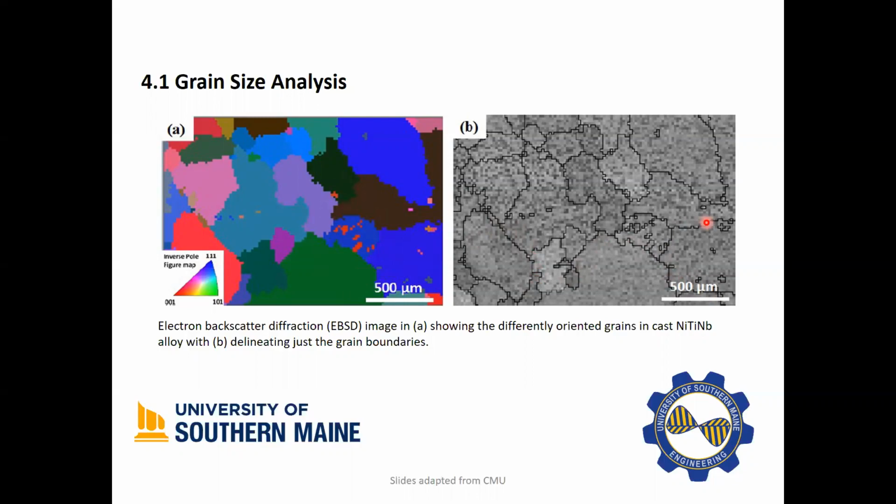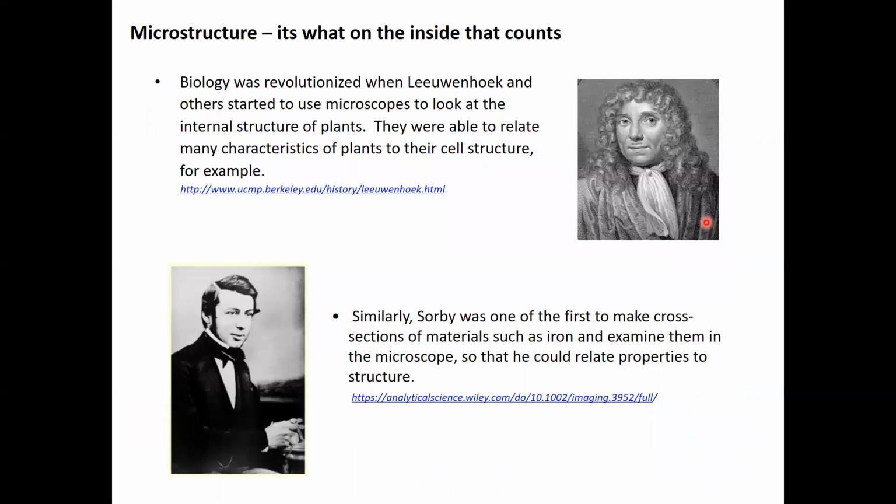All right, so why are we looking at the microstructure? We're looking at the microstructure because it's really the microstructure that dictates the properties of how a material behaves, right? And it goes back to biology, when the first biologists, including Leeuwenhoek and others, started using microscopes to look at the internal structure of plants, and they saw that they were made up of cells.